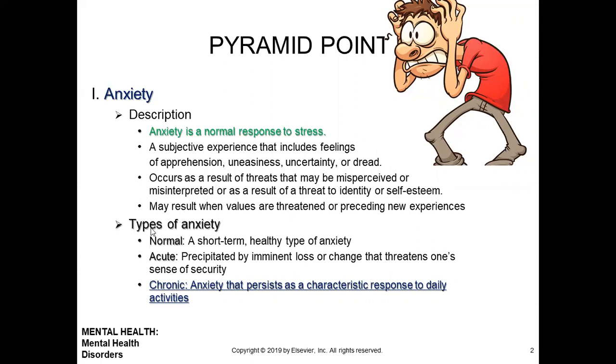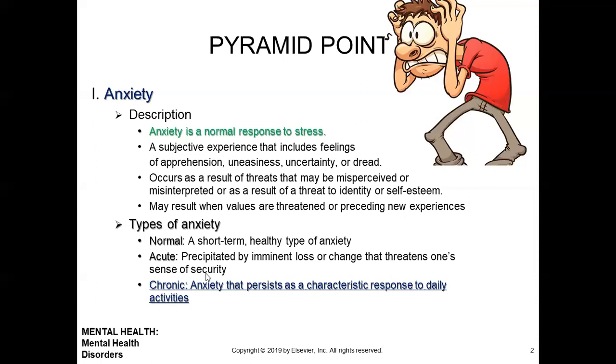What next? The types of anxiety: normal, acute, or chronic. The normal is a short-term, healthy type of anxiety. Acute is precipitated by an imminent loss or change that threatens one's sense of security, right?